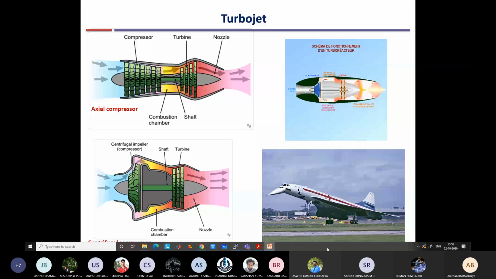Turbojet is used for military aircraft, turbofan for most civilian aircraft, and short distance civilian aircraft use turboprops. Then we have ramjets and scramjets, which have been developed at a prototype and experimental stage. Ramjets are used widely for missiles, cruise missiles, but not for manned aircraft.